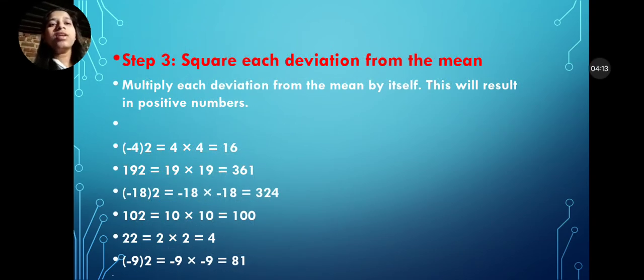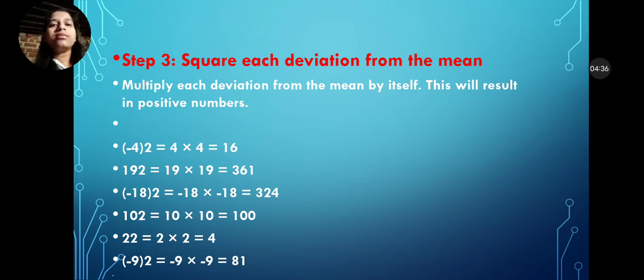The third step is square each deviation from the mean. It means multiply each deviation from the mean by itself, which results in a positive number. We get minus 4, and minus times minus gives plus. So minus 4 squared is equal to 16.